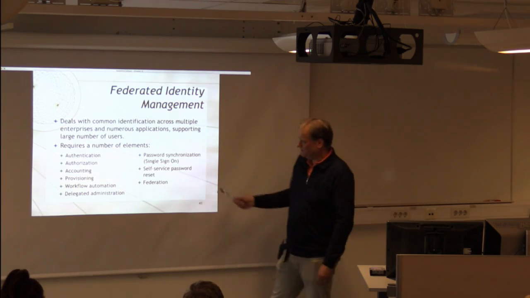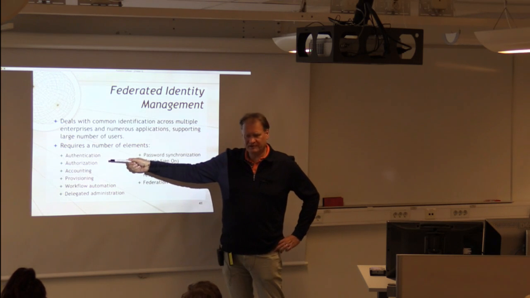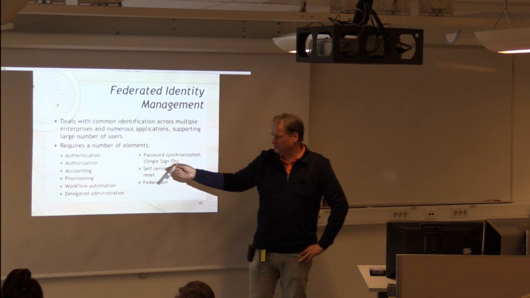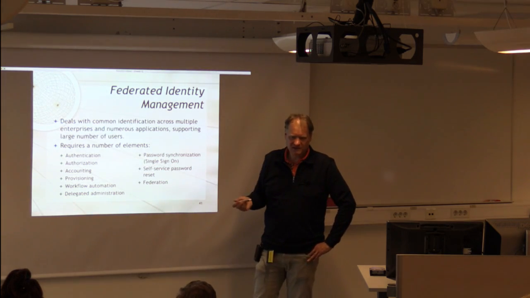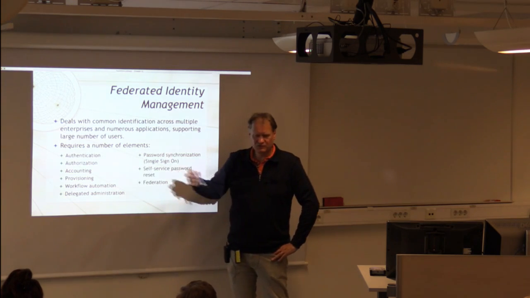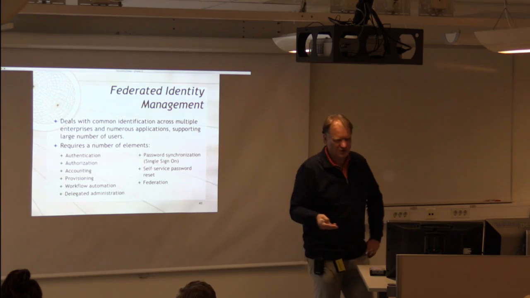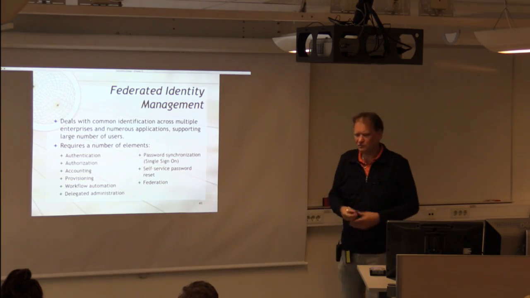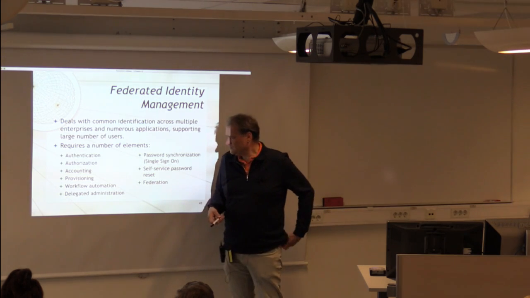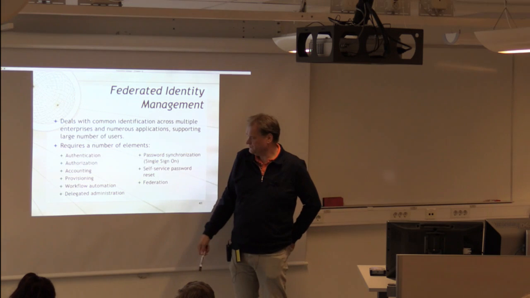So, there are a number of elements here. We should be able to authenticate people, authorize them, what are they allowed to do, accounting, so we can keep track of what they're doing, potentially billing as well, if that is involved. Provisioning means that we should be able to roll out. We create a new server, we should be able to roll it out to new users. We should be able to include new users in the system and so on.